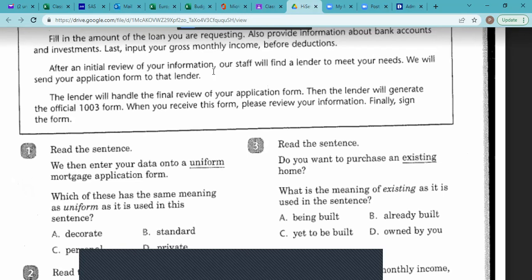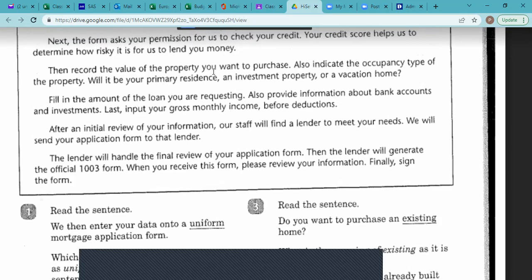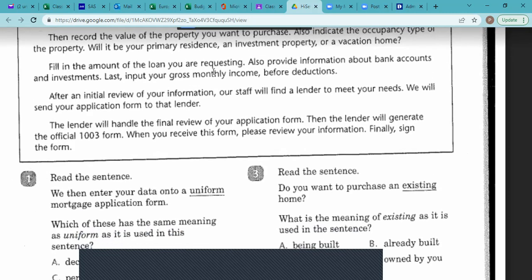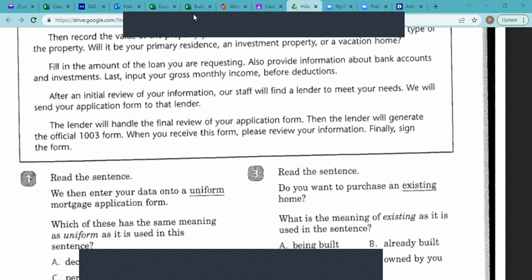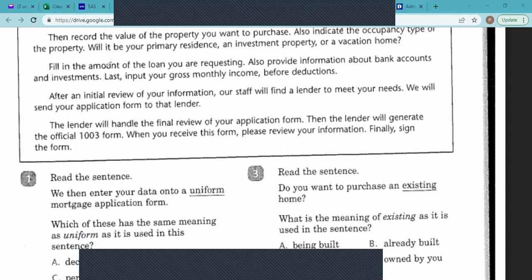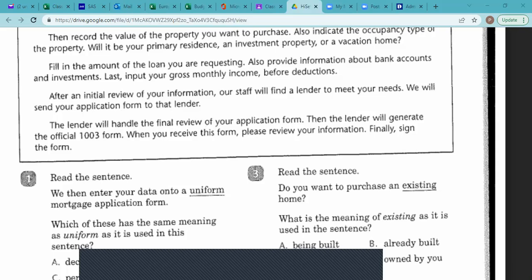Let's see. All right, so we're looking for the word uniform. All right, so let's see what.